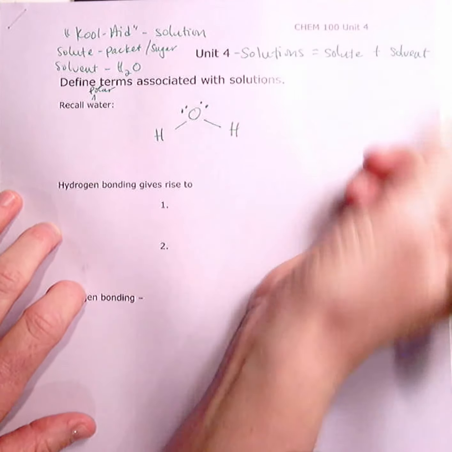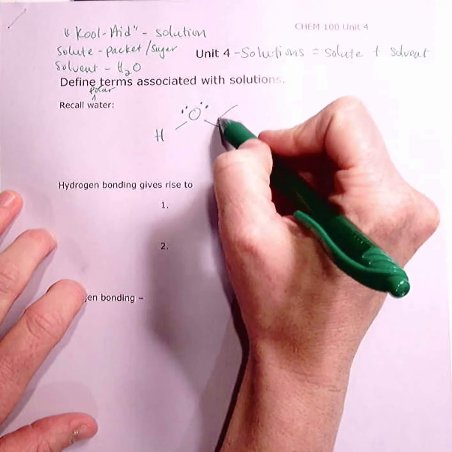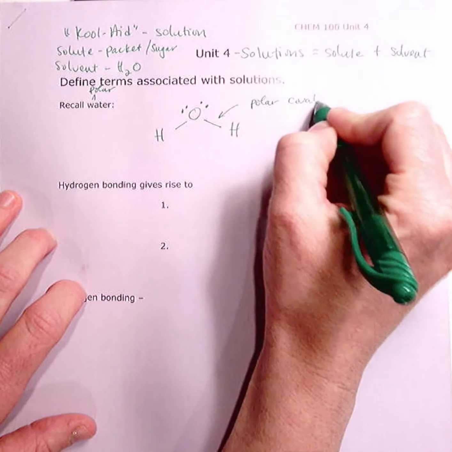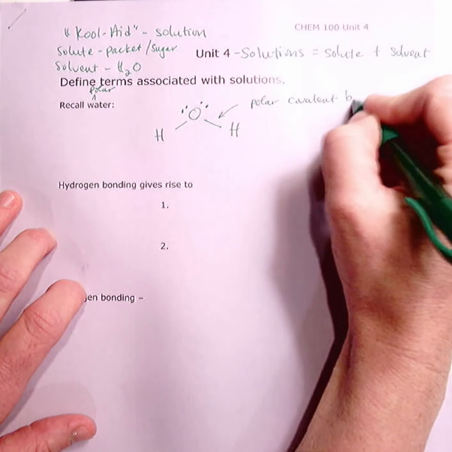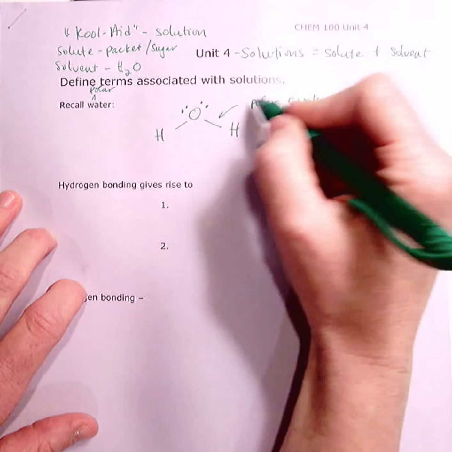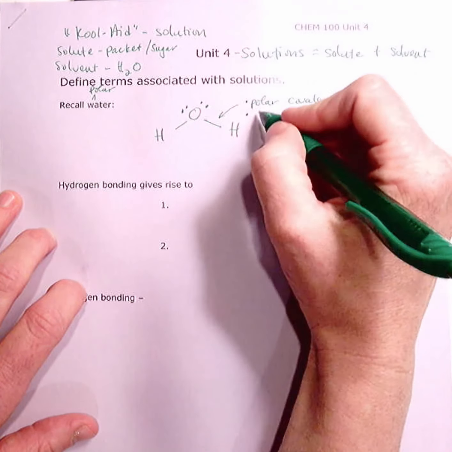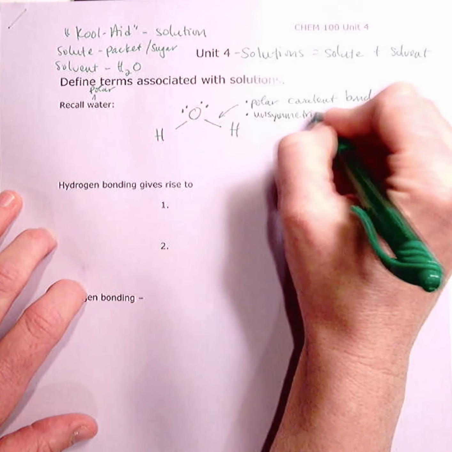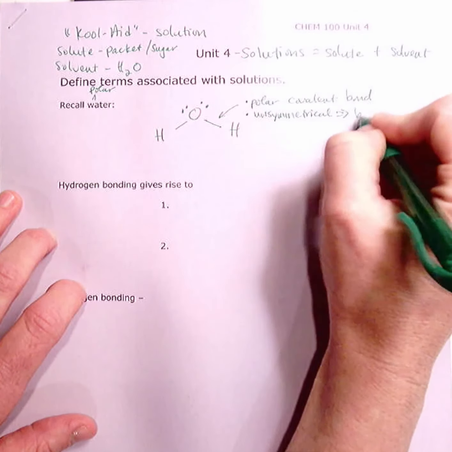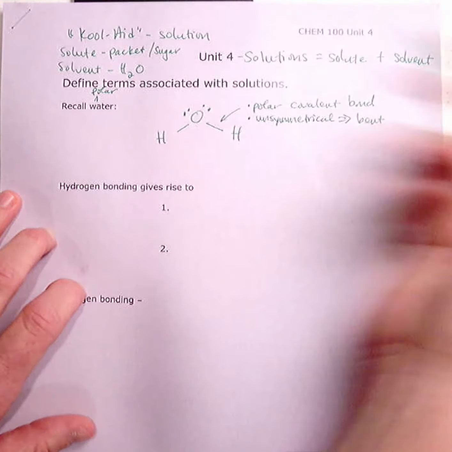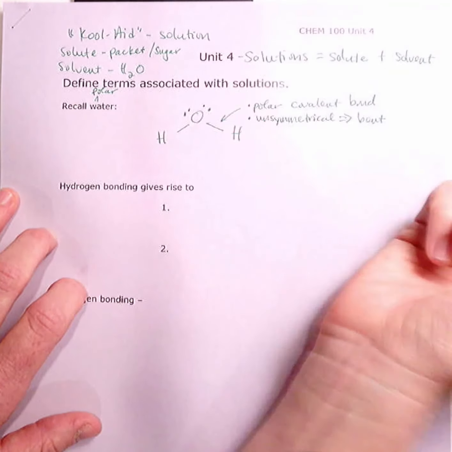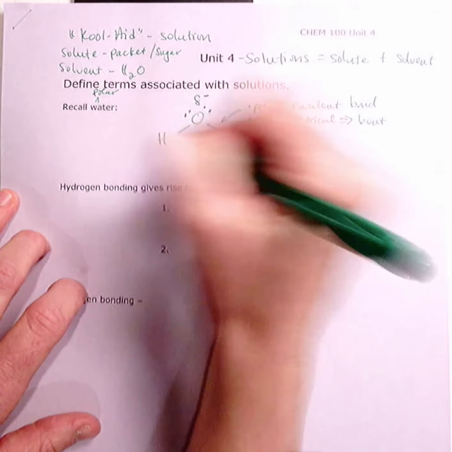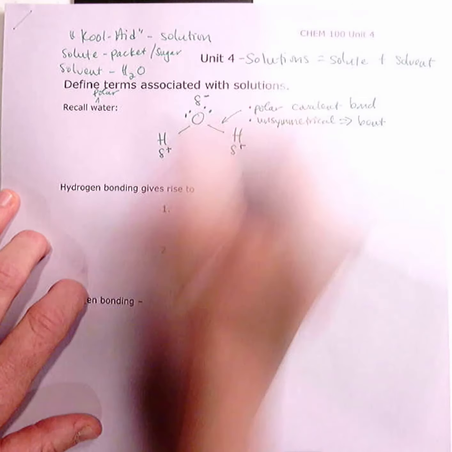It's polar because it has a polar covalent bond, and it is also unsymmetrical. It's bent. So because it's polar, we can use these little symbols, the partial negative, partial positive, partial positive.